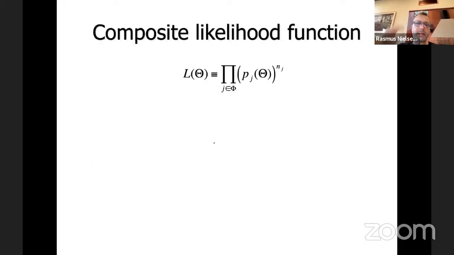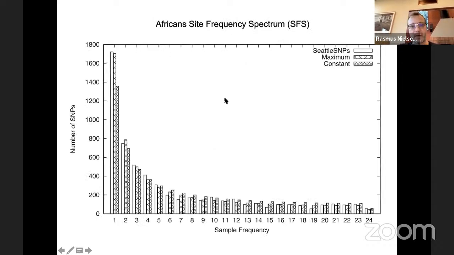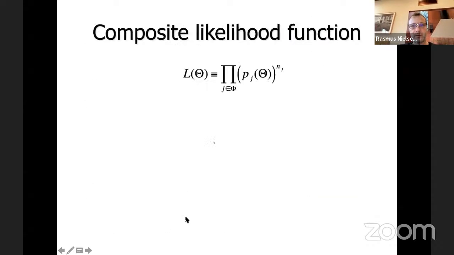But nonetheless, people will write down a likelihood function as if the sites are independent of each other. So the likelihood function would be the probability of seeing, given a set of parameters, a configuration of type J, and again, this is a configuration type 1, 2, 3, 4, 5, 6, and so on, to the power of the number of configurations of type J that you see, and then the product over all J. And that's how we define the likelihood function.